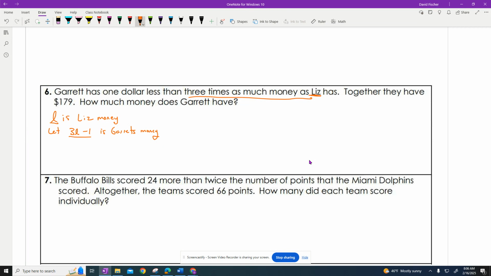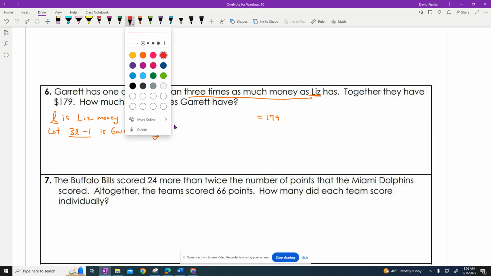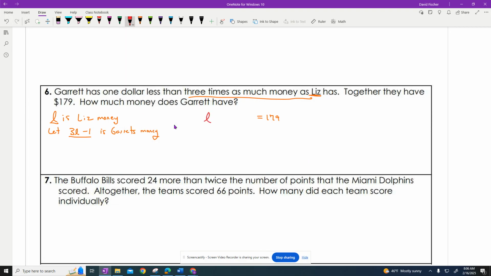I'm going to use L for Liz. Now let's see what this together, that would mean they'd have to add them. So I'm going to put together is 179. So that means Liz's money plus Garrett's money has to equal 179. So, get the L by itself, like terms.